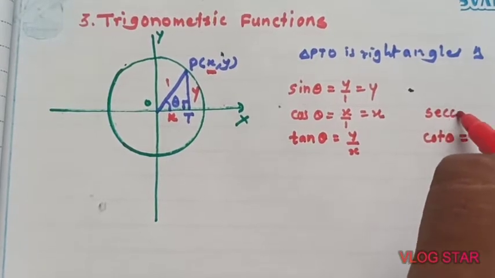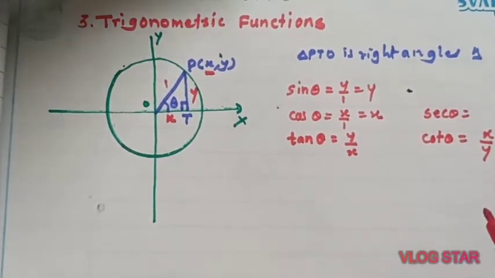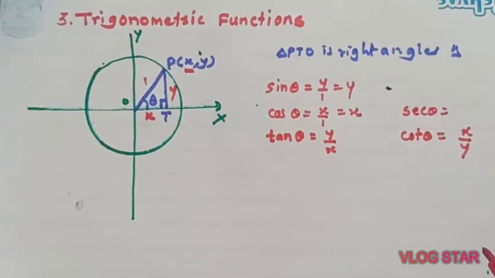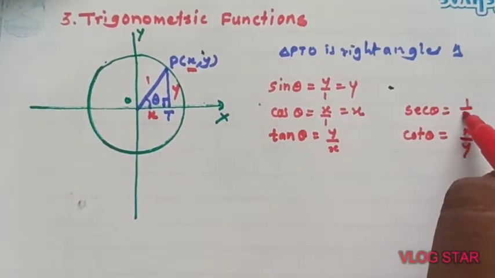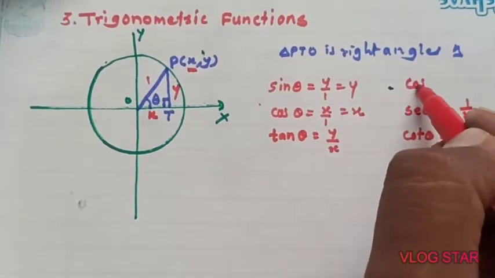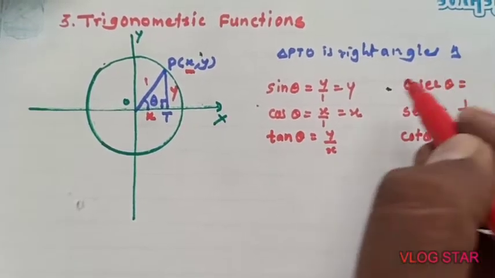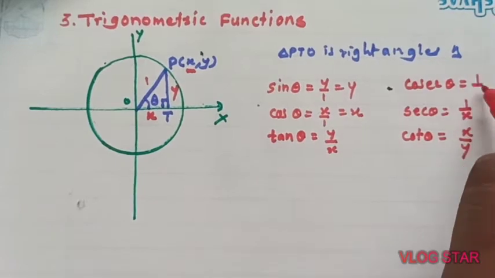Sec theta is the reciprocal of cos, so it is 1 by x. Cosec theta is the reciprocal of sine, so 1 by y.